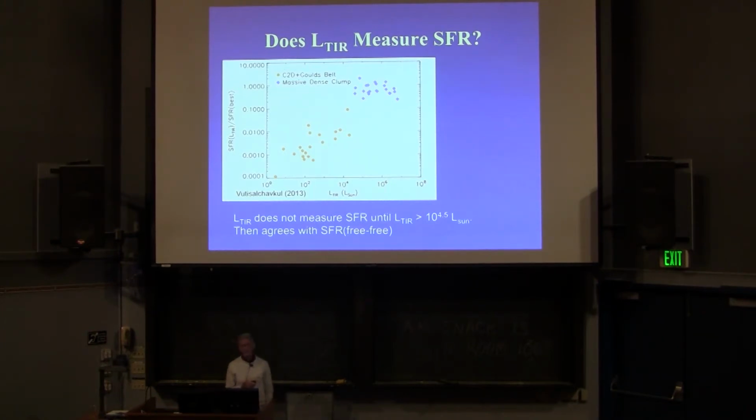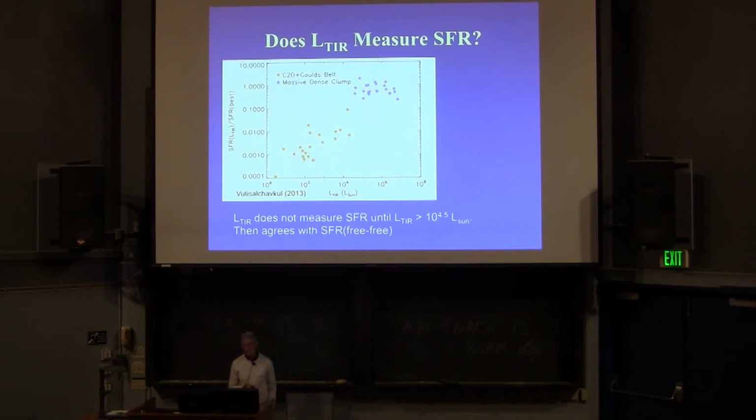So for the orange points there, which are the local clouds, it doesn't work at all. Here we say the best star formation rate is the YSO counting. So you can see that it's off by orders of magnitude. There's a sort of a correlation, but it's very noisy.